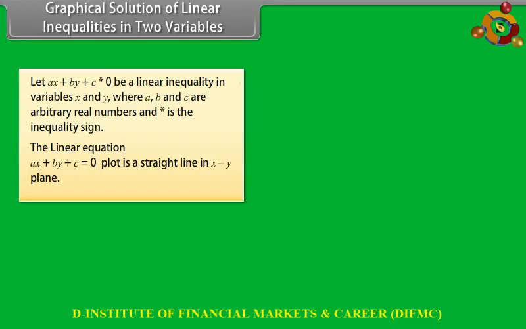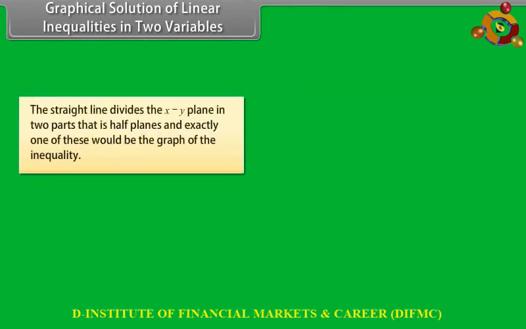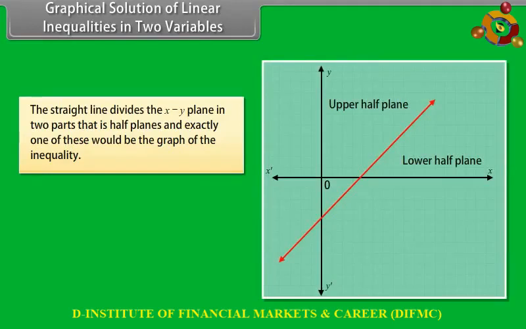Below are examples of straight lines in xy plane, which divide the xy plane into 2 halves. The graph of linear inequality is a half plane, which is determined by the linear equation. The straight line divides the xy plane into 2 parts, that is, half planes, and exactly one of these would be the graph of the inequality.